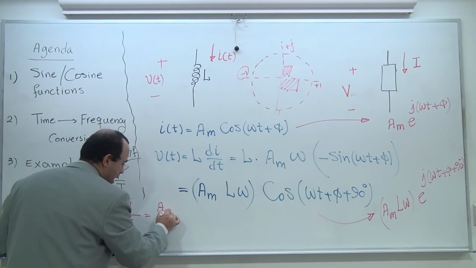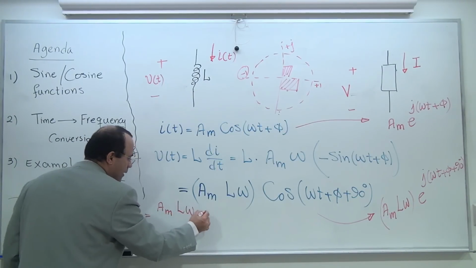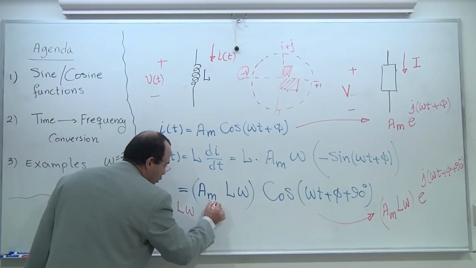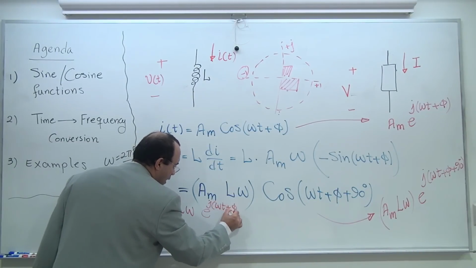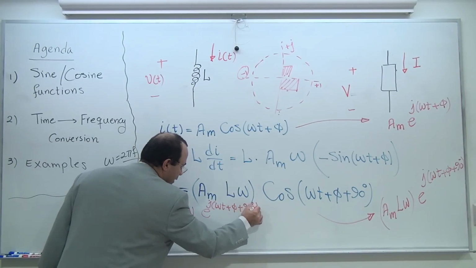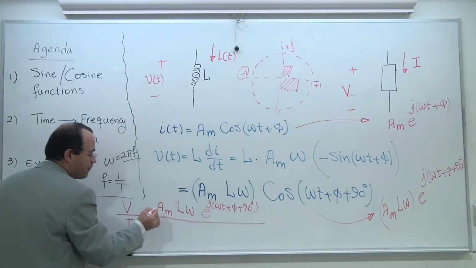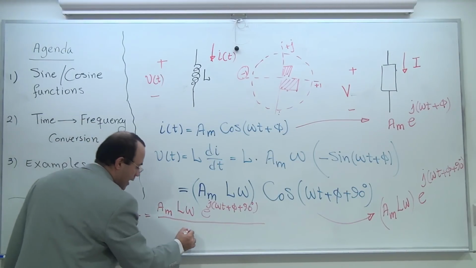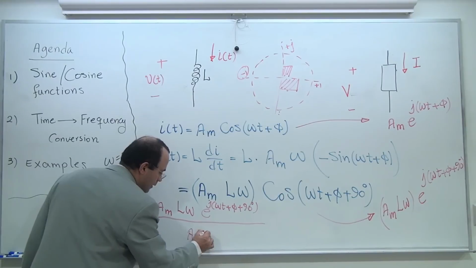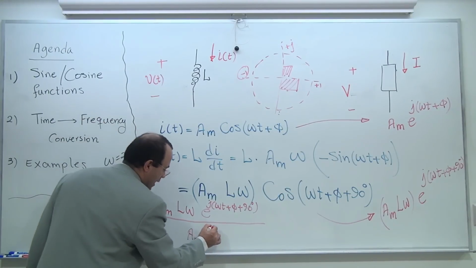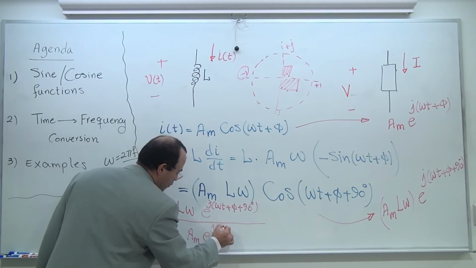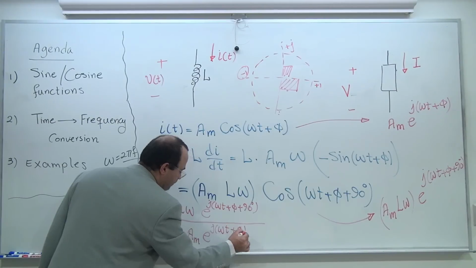It's going to be A_M L omega e to the power of j(omega t plus phi plus 90 degrees) divided by A_M e to the power of j(omega t plus phi).